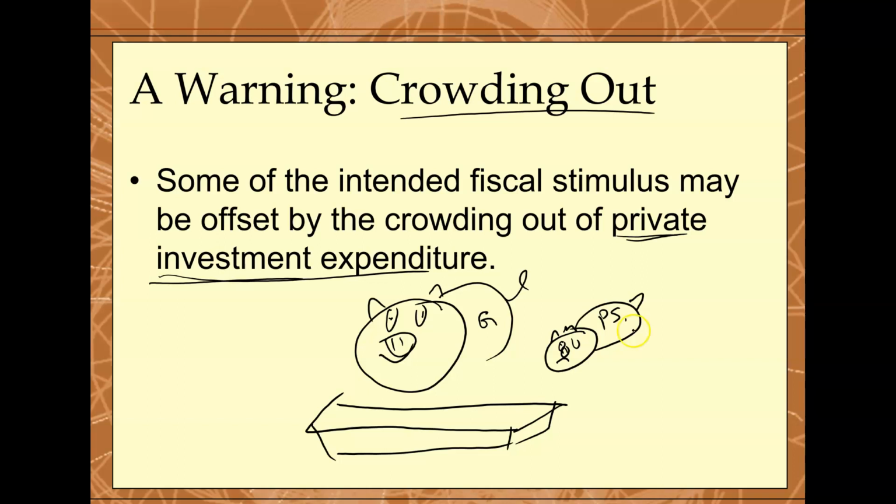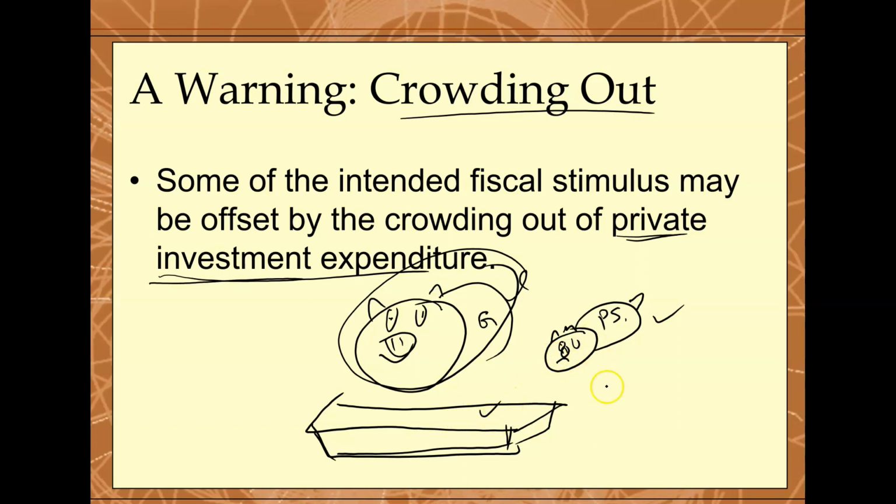Now, the private sector, they're very interest rate sensitive. If interest rates go up, they will borrow less. Now, think about this trough as a container of loanable funds. If the big pig borrows so much money, there's less loanable funds in the trough. Less loanable funds means they're more scarce.